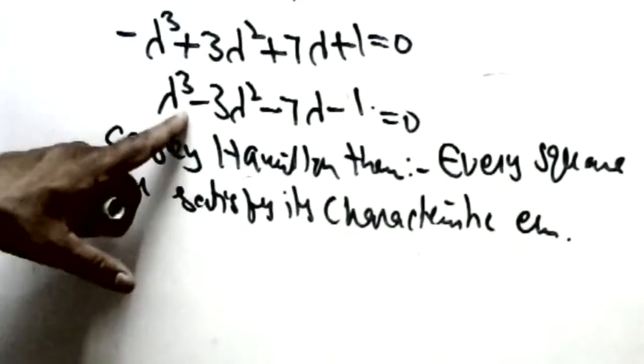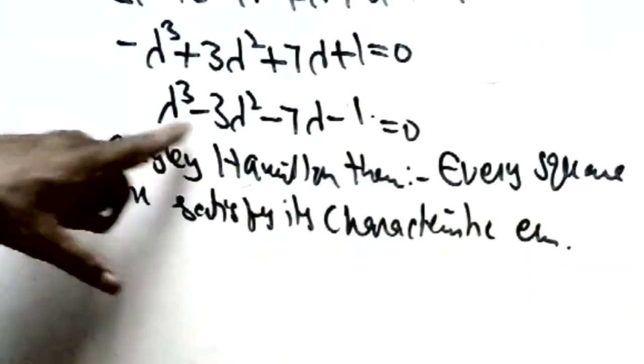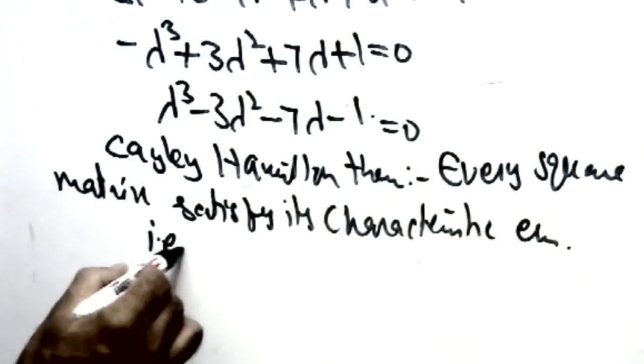What does it mean? That means this is the characteristic equation and the square matrix is A. So if we keep A in place of lambda, we must get 0. This is the Cayley-Hamilton theorem.